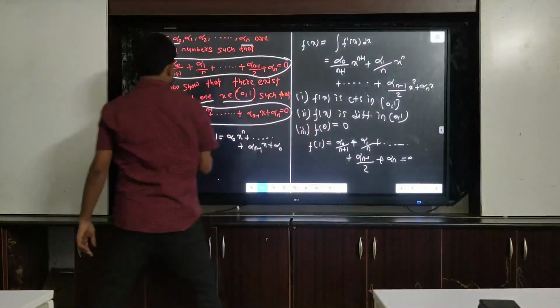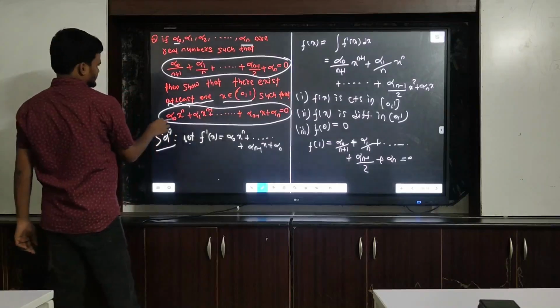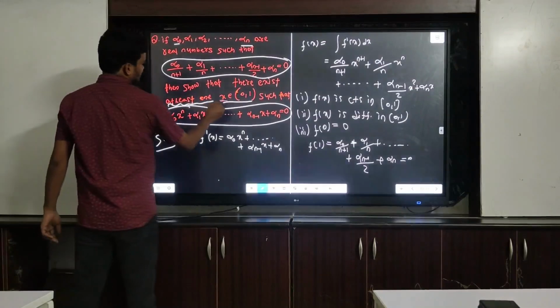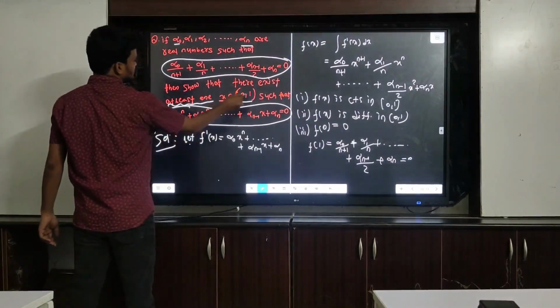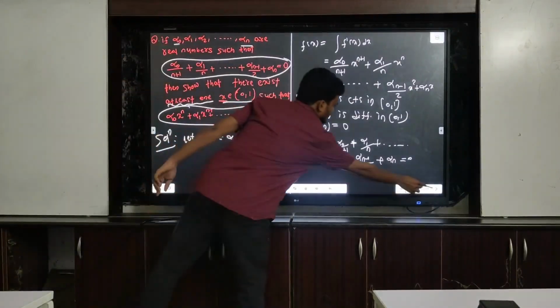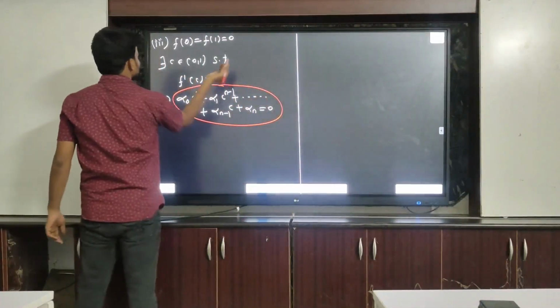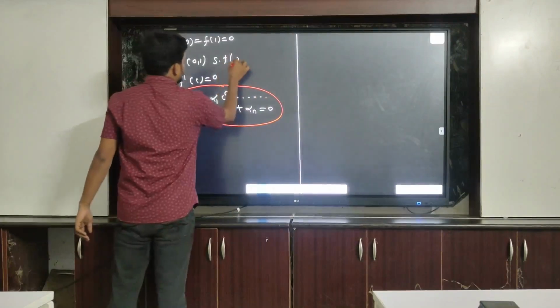Look, this is just a variable. Instead of C, you can put x. It does not matter. There is at least one C, by Rolle's theorem, so that this can happen.